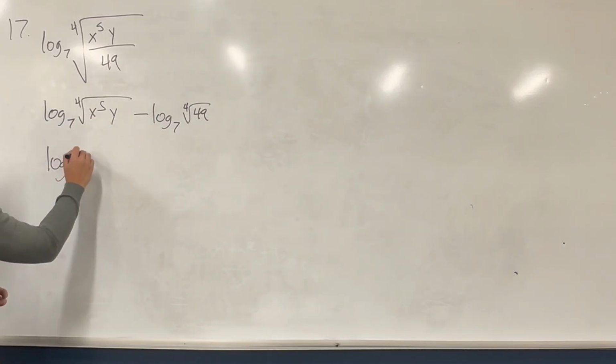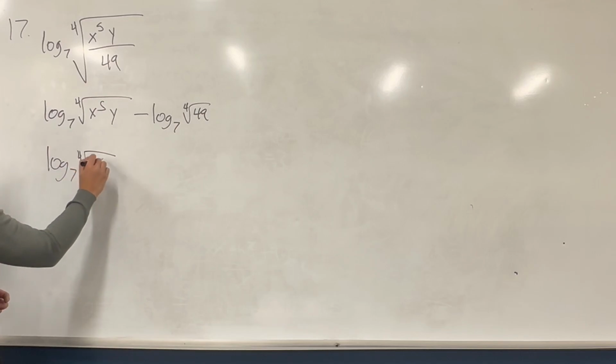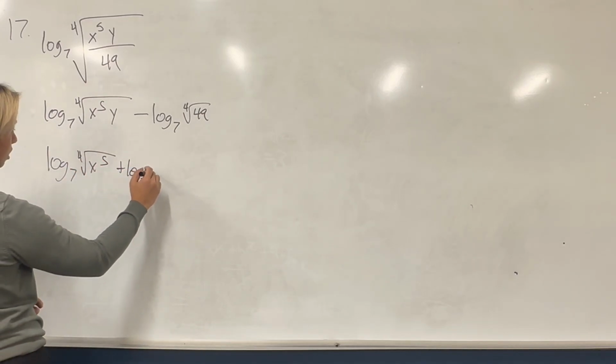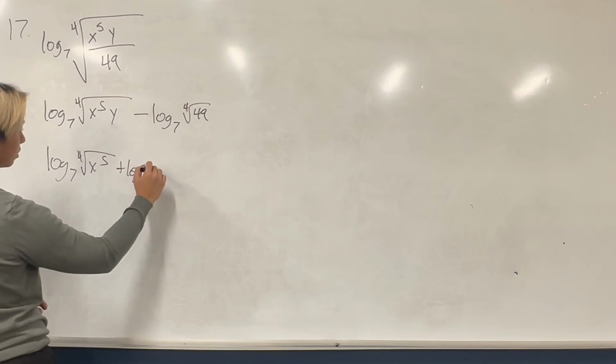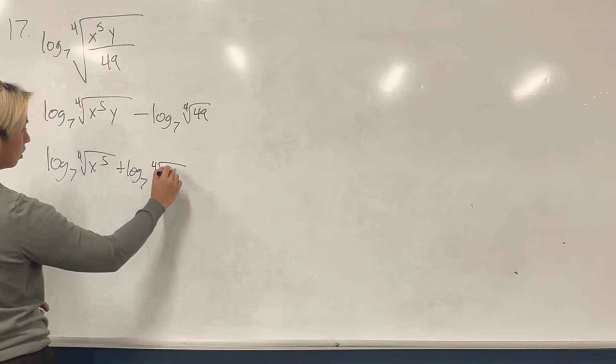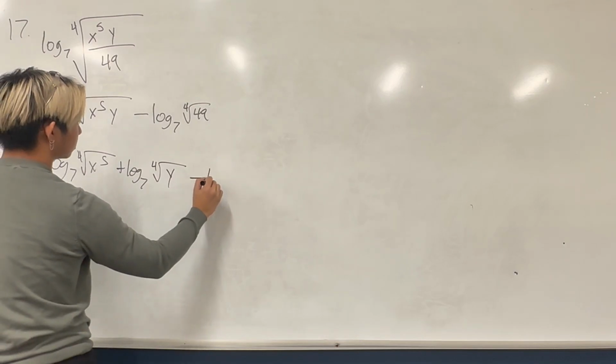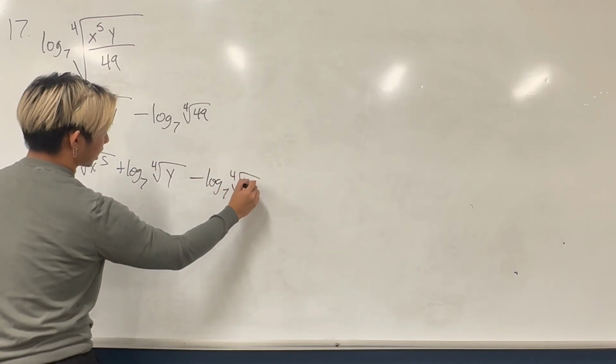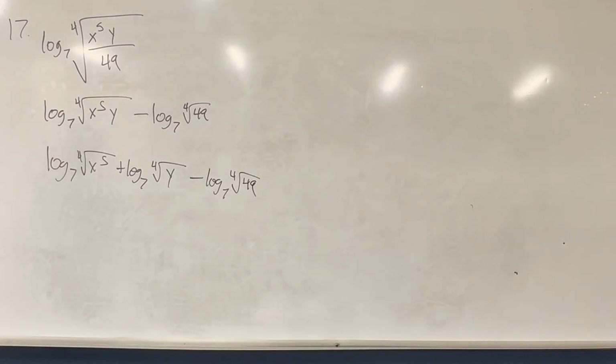So I'm going to write out the whole thing: log base 7 of x to the 5 plus log base 7 of y, minus log base 7 of 49 to the 4. Okay, cool. Now I want to get rid of this square root looking thing, the 4.